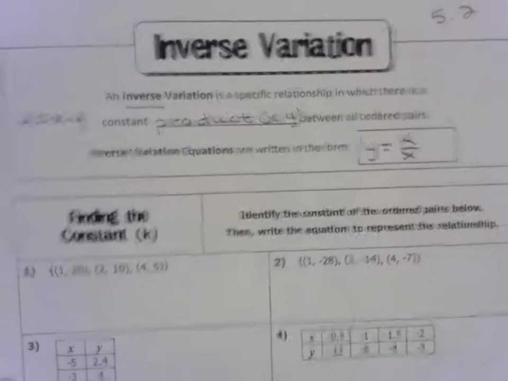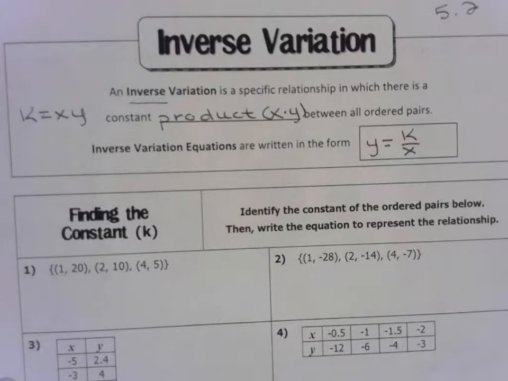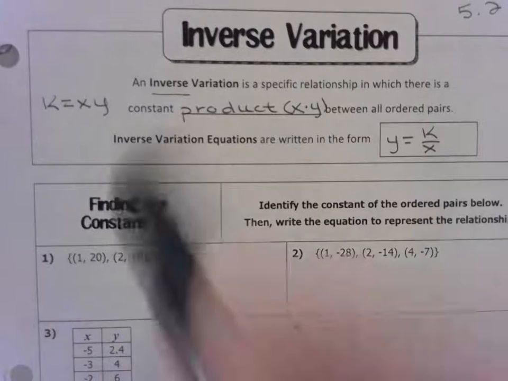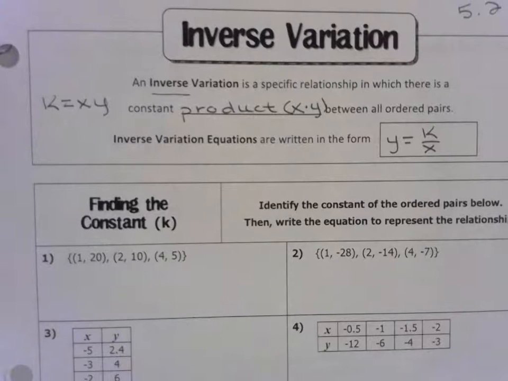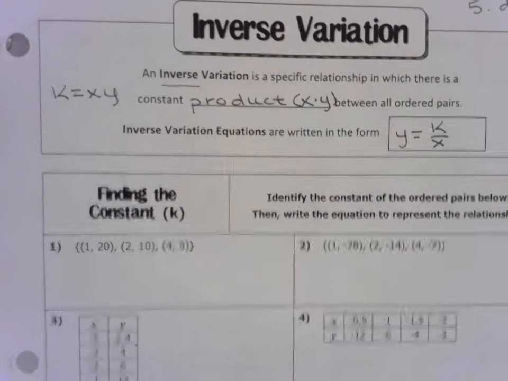So the inverse variation is the opposite, which is what inverse means, of direct. So the constant is x times y instead of y divided by x, and my equation, instead of y equals k times x, is y equals k over x. So same idea, just with different equations. And like I said, you won't have to have direct and inverse memorized. You'll be able to use your notes on the test next week.